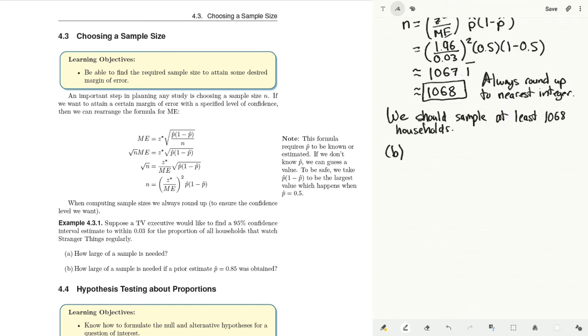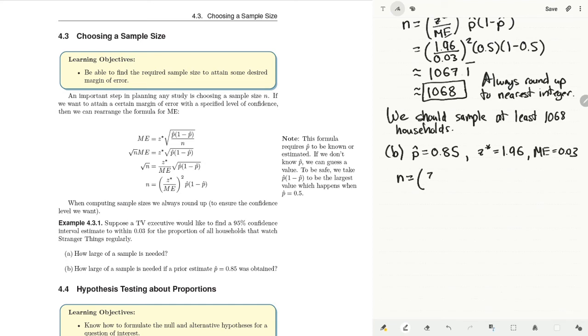So now let's suppose that we have a prior estimate of 0.85 for p hat. How large of a sample do we need in this case? So we still want to achieve a 95% confidence level. So the critical value is 1.96 and our margin of error is 0.03.